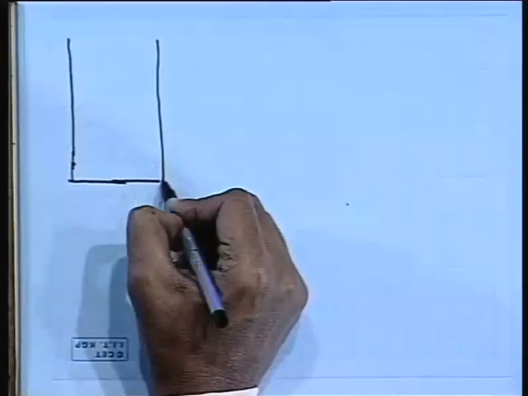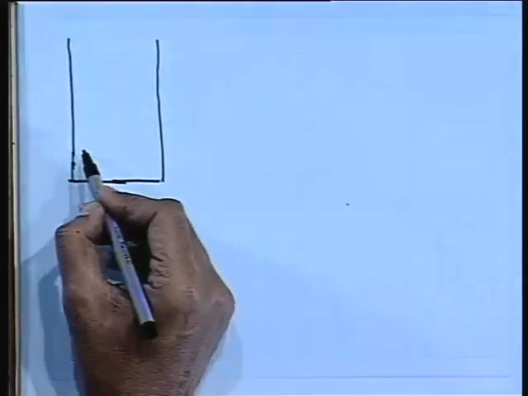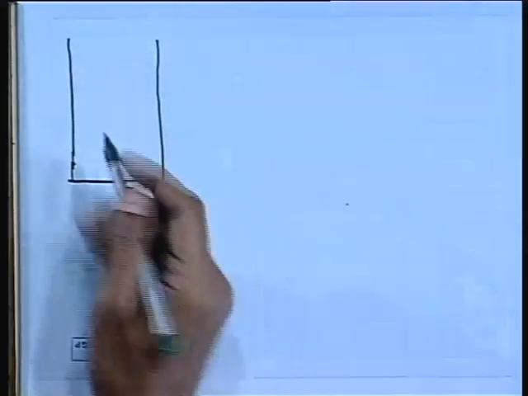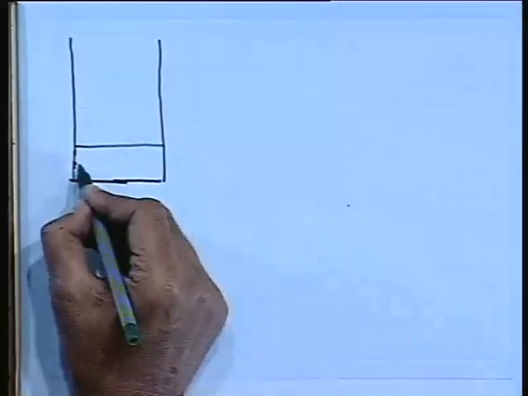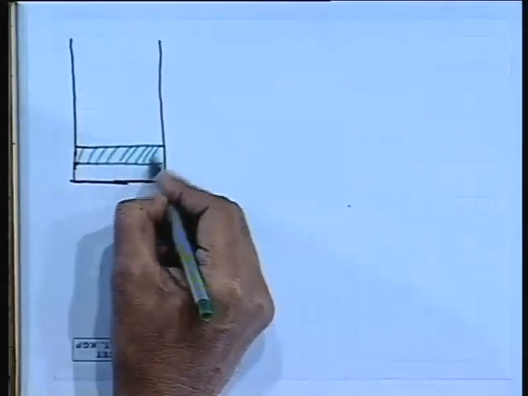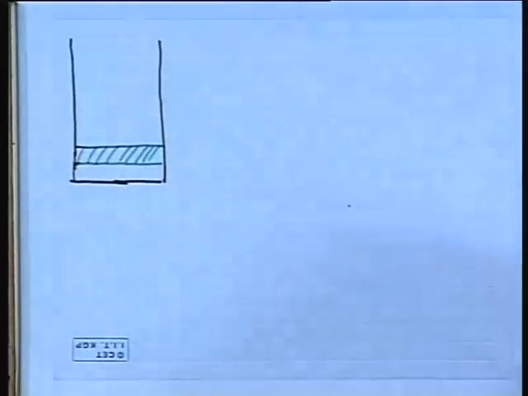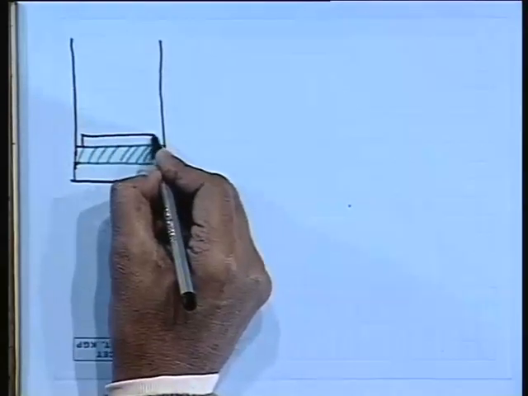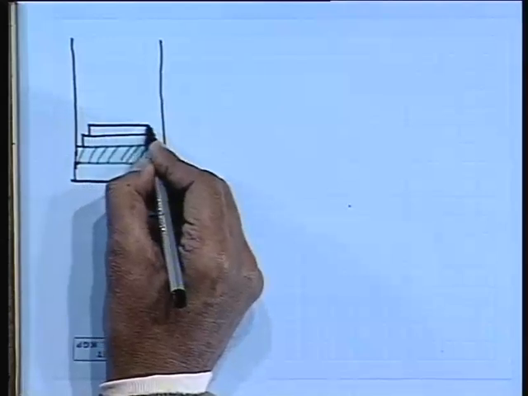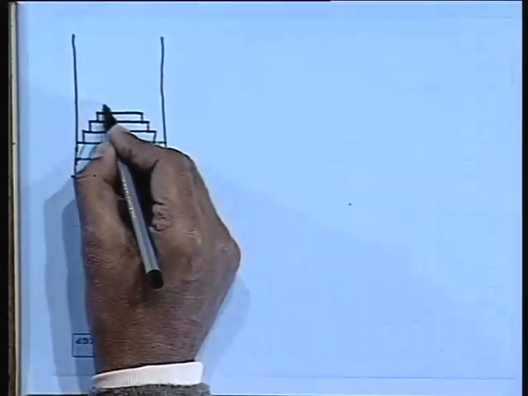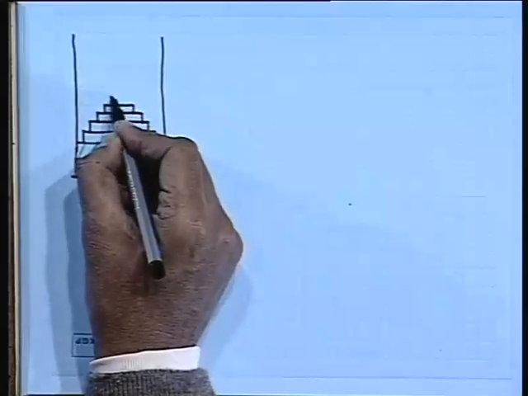Let us consider a cylinder, a practical case, and a piston. And let us consider the piston is loaded with some weights which are divided. You have read all those things earlier. Any confusion is there, you please ask me.